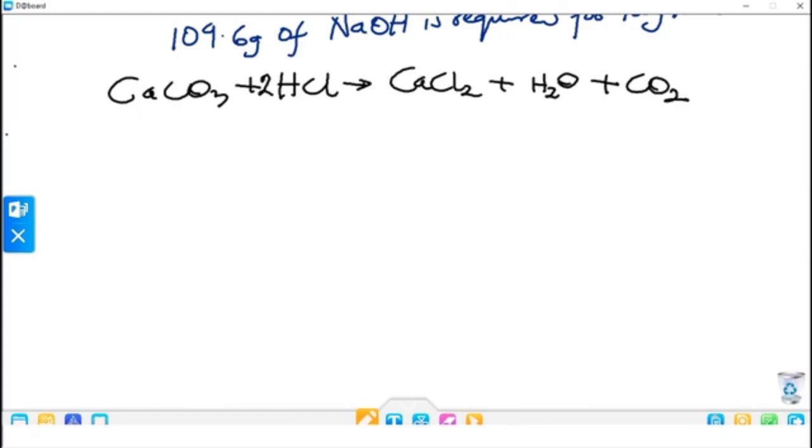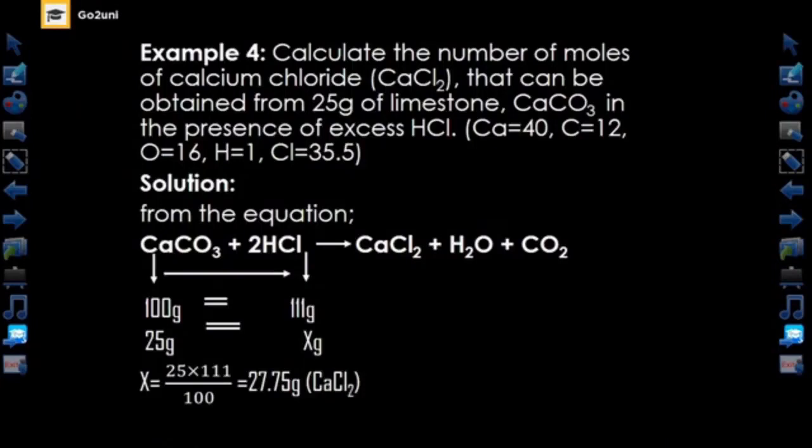So once again, we have the equation given and it is already balanced. So we are interested in calcium chloride and limestone. So we are asked once again to calculate the number of moles of calcium chloride that we can get. This time not mass, but number of moles we can get when calcium carbonate, that is limestone, is made to react with HCl, 25 grams of limestone.